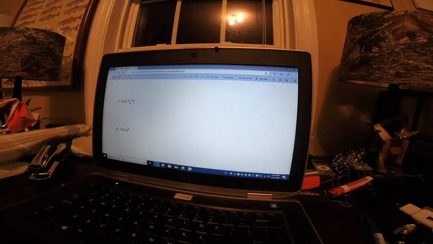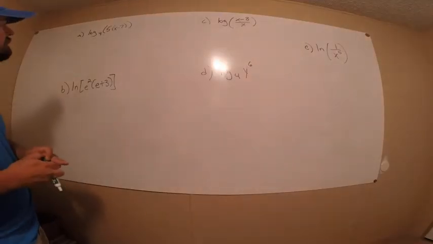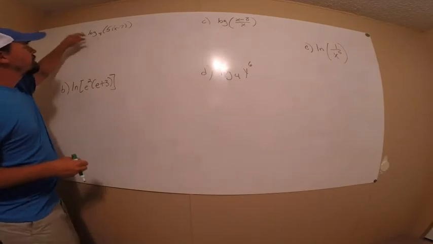C, we've got log of x minus 8 over x. D, we have log base 4 of y to the 6th. And E, we have natural log of 1 over x to the 5th. So let's do all of these on the board really quick. We want to expand these as far as we can.